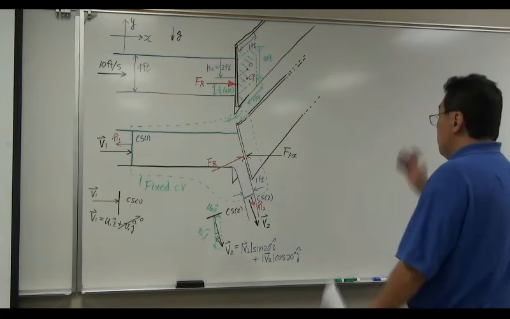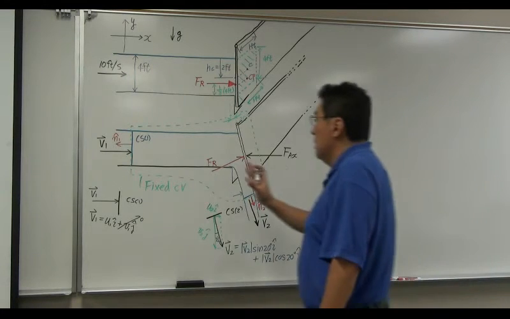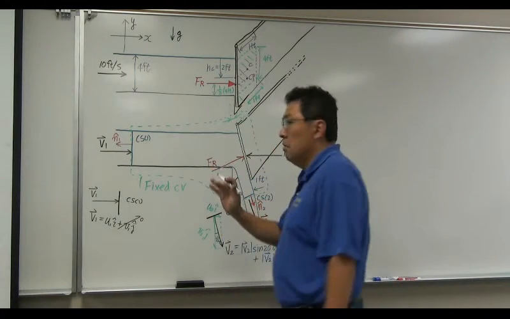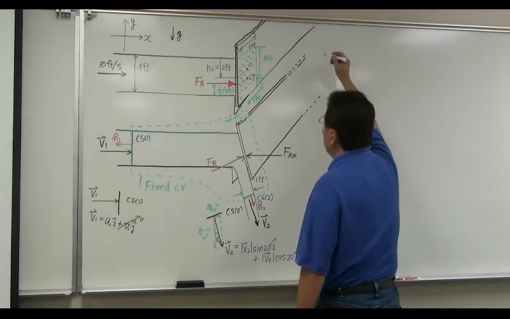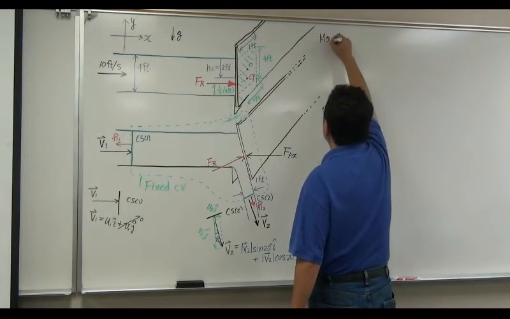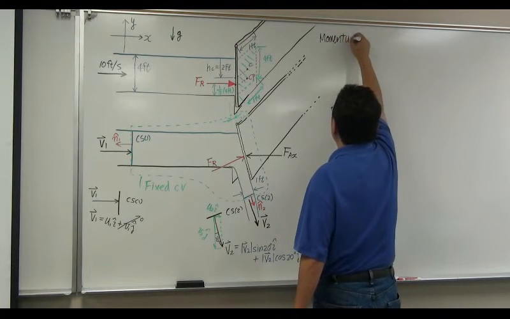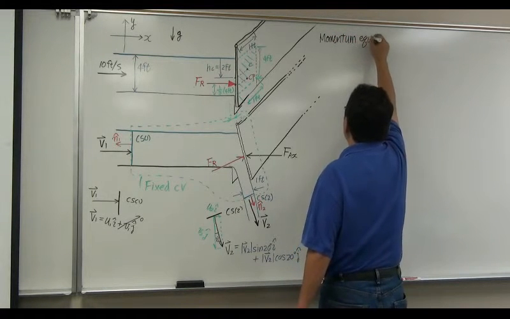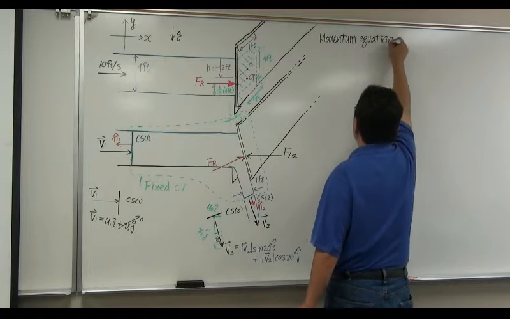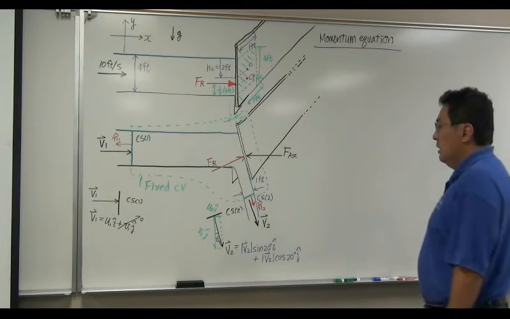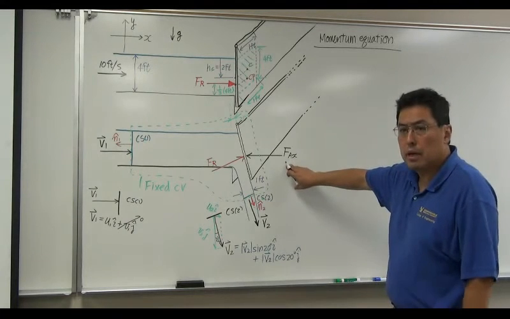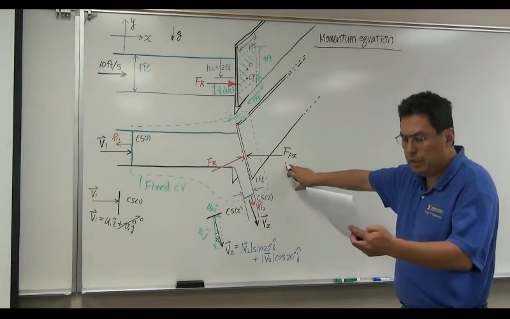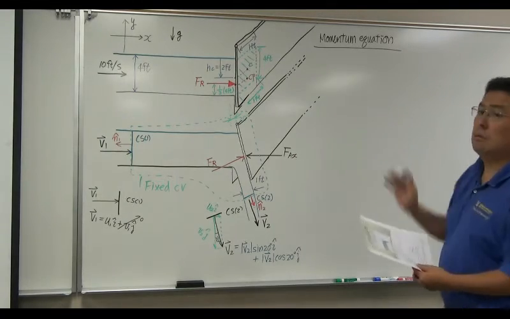So obviously I'm going to apply continuity and also momentum. So let's begin with momentum. Since we are only interested in the x direction force component, the only thing you need is the x direction component of the momentum.